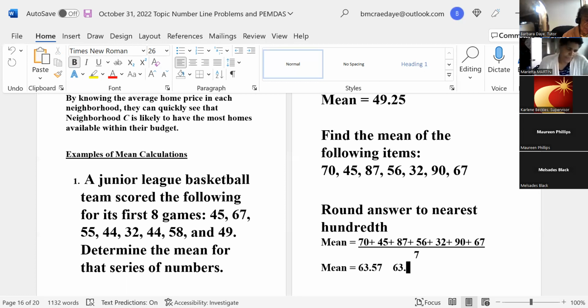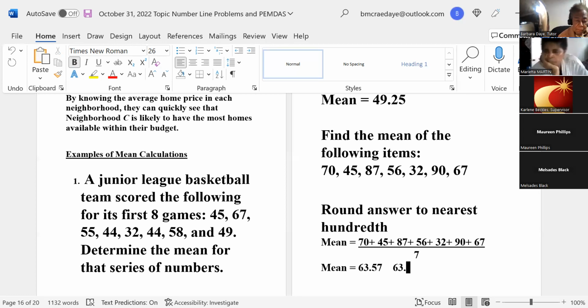What do you get? Oh, 64. What's after the decimal point, Mercedes? Round to the nearest hundredth. That's why I said round to the nearest hundredth. That's 2 decimal points. So what comes after the decimal point, Mercedes?